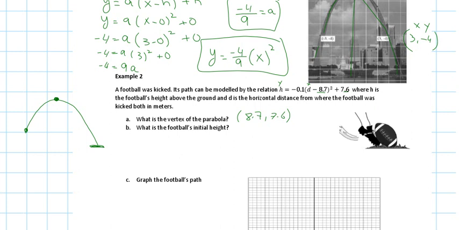Remember, guys, please pay attention to this because you're going to have questions like this. So if you look at this, the y represents what? What does the y value represent? The height.